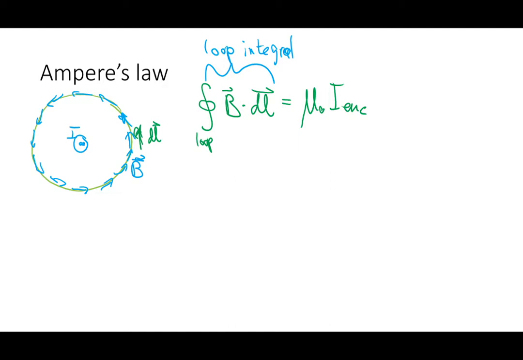Because in order for the signs to be consistent on both sides of Ampere's law, you notice we have a choice, right? As we go around the loop, in this case, we can go around the loop counterclockwise or clockwise. So if we go through the loop in the direction where your B, your magnetic field, and your dl are in the same direction, then B dot dl would be positive. Right?